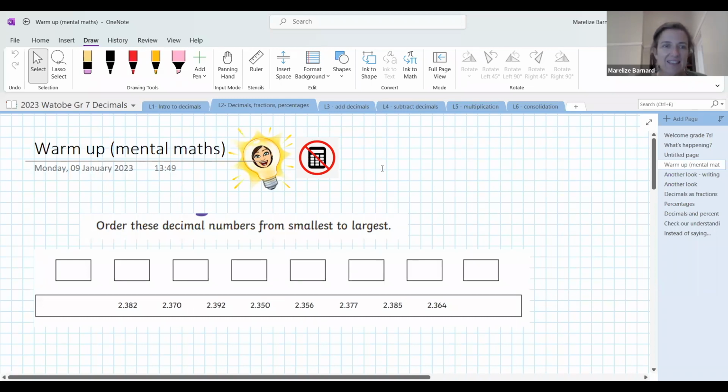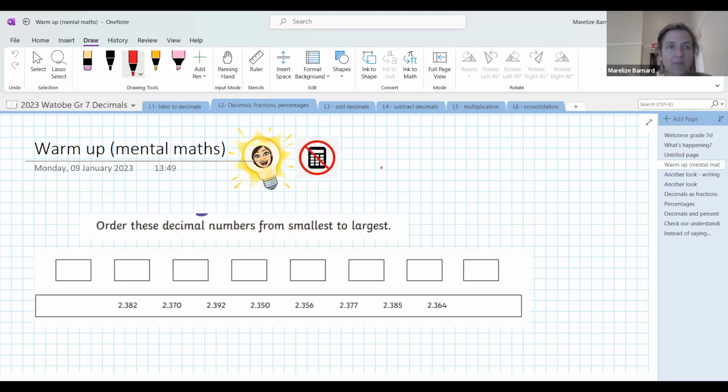Okay, let's see. So post your answers in the chat. Which number is the smallest one? Which of the numbers listed are the smallest one? 2,350. That's right. 2,350.